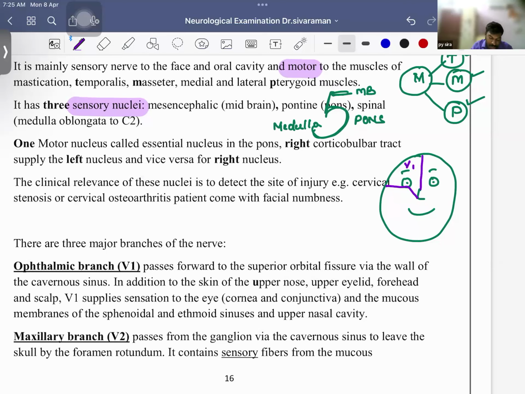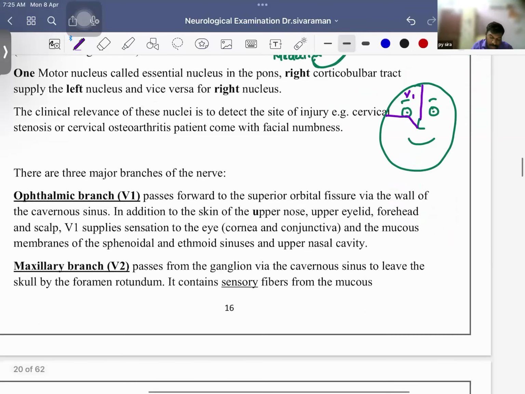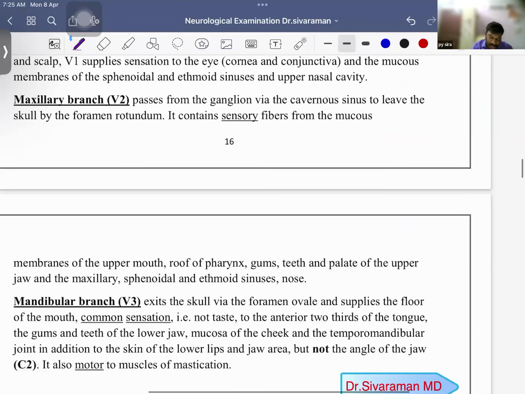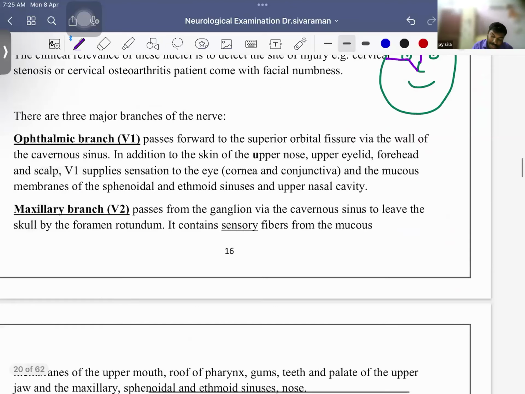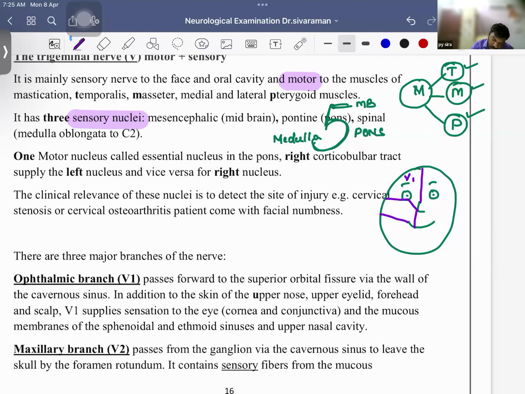Next is the mandibular division, which starts from the angle of the lips and involves this area near the tragus of the ear. This is called V2 and this is called V3. It spares the angle of the mandible.